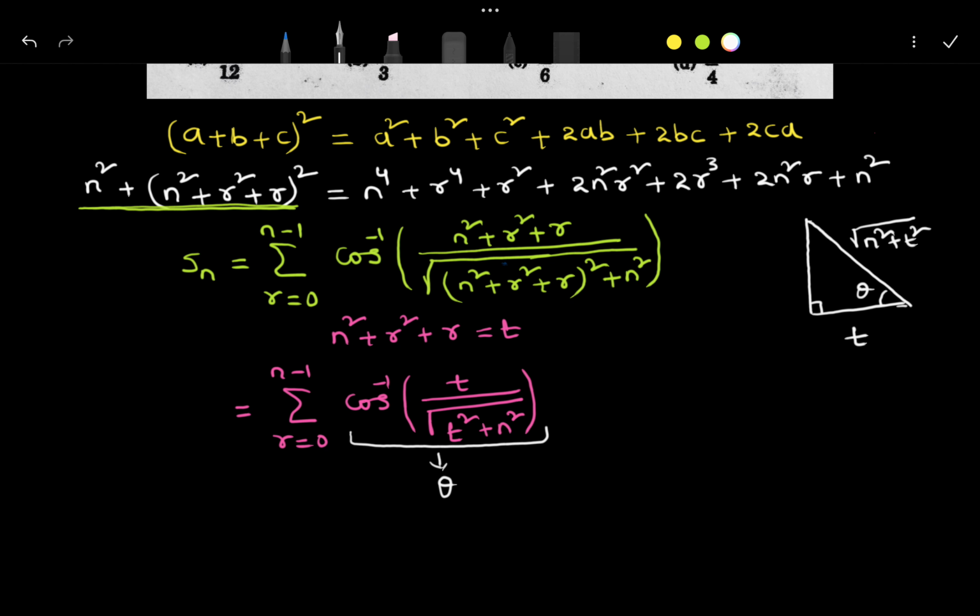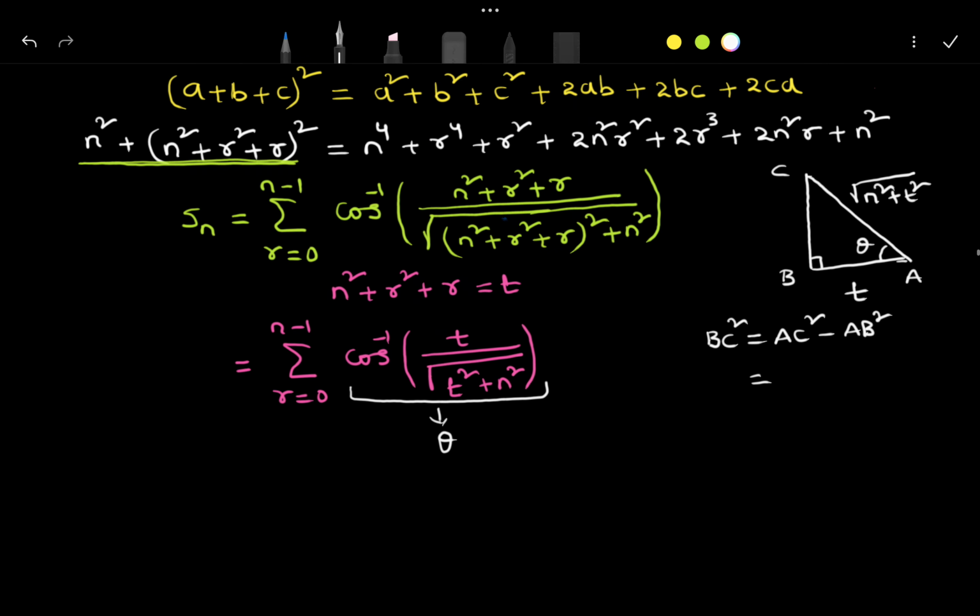Now by using the Pythagoras theorem, what will be the value of this side? Take this vertex as A, this as B, and this vertex as C. Now by the Pythagoras theorem, BC² is equal to AC² minus AB².